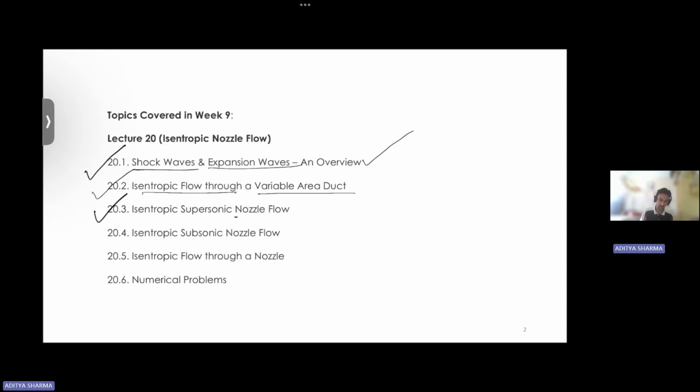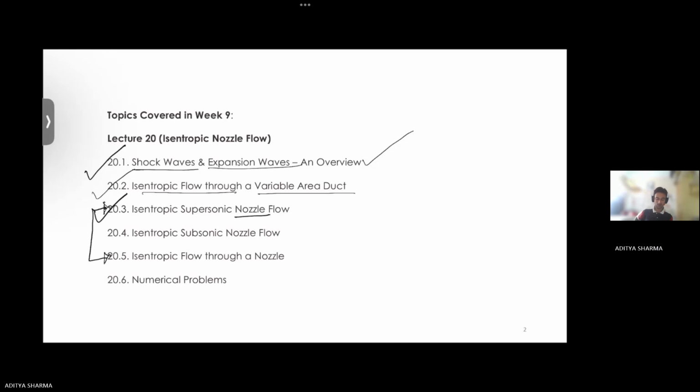So 20.3 and 20.5, I believe these are the same topics, but in 20.5 they have just given the main points related to this particular topic, supersonic nozzle flow.